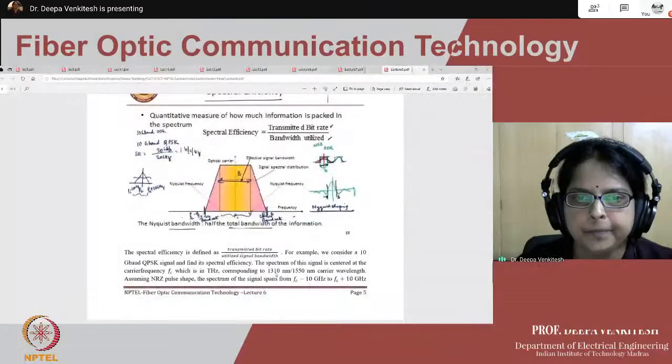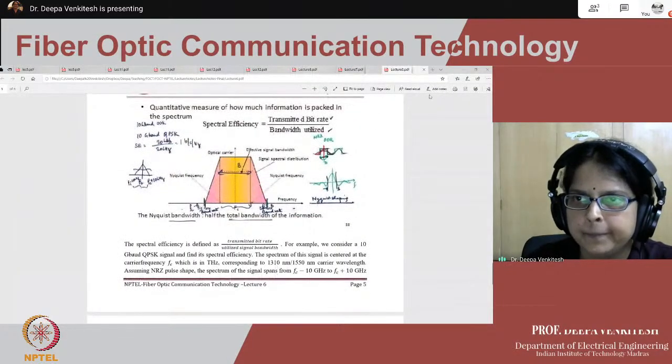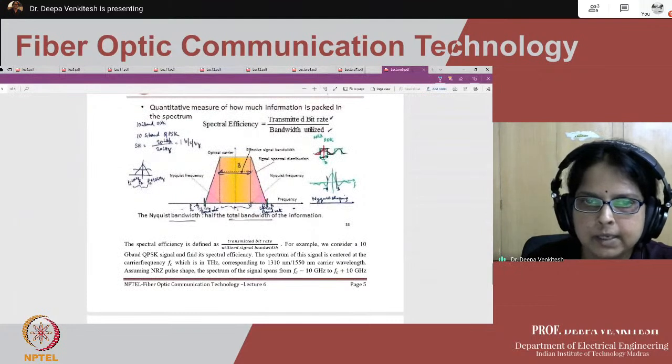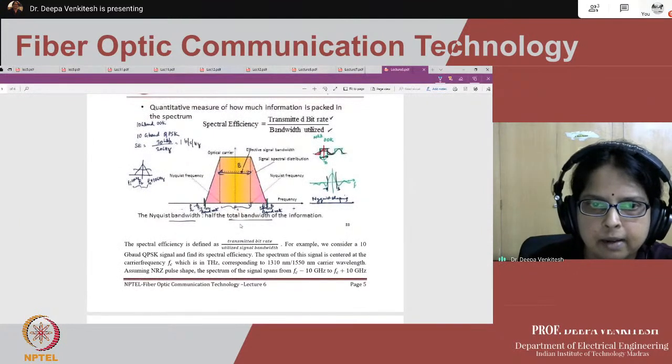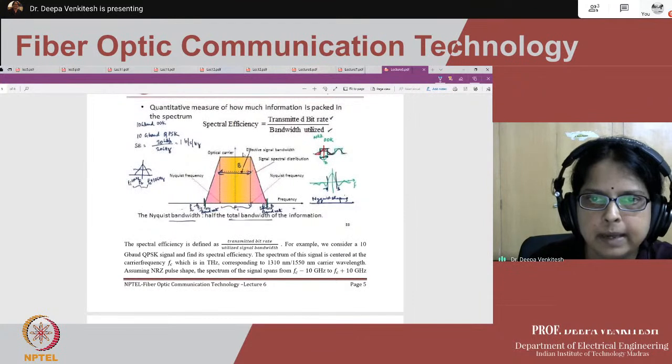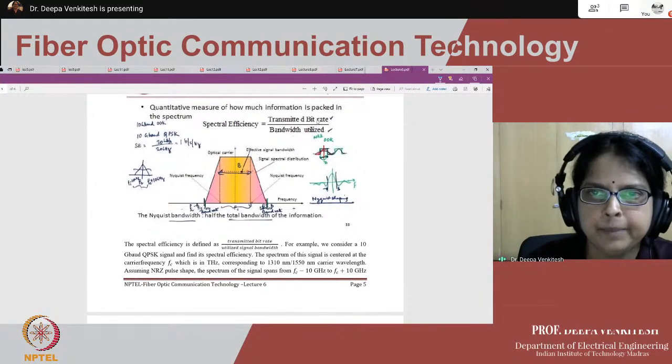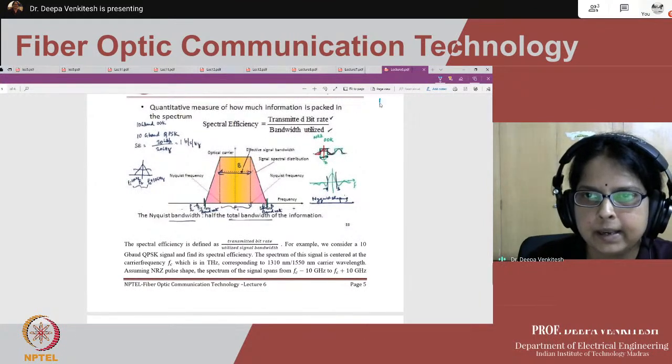I hope you can see my screen now. So you see here, if you have a total bandwidth, if your bit rate is, let's say, B, let's take an example, 10 gigabaud is your symbol rate.